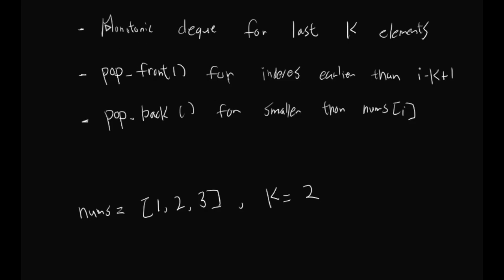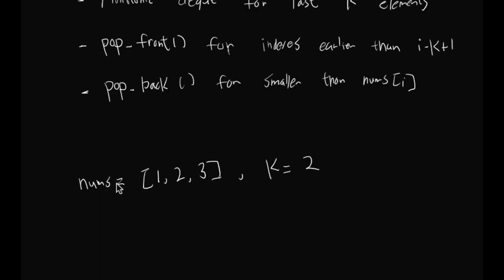So anyway, we are going to maintain a monotonic deque, and if the front index is less than the start, the minimum start that we are allowed using k elements, then we do a pop front, and we do a pop back for any numbers that are smaller than nums[i], because we want to keep the deque monotonic, and after that we push back nums[i]. Okay, so let's take a look at how this would look for this example.